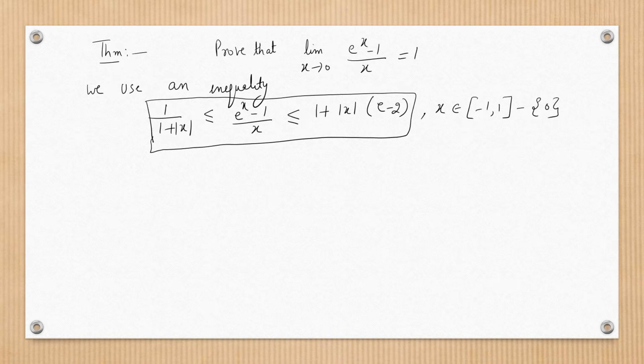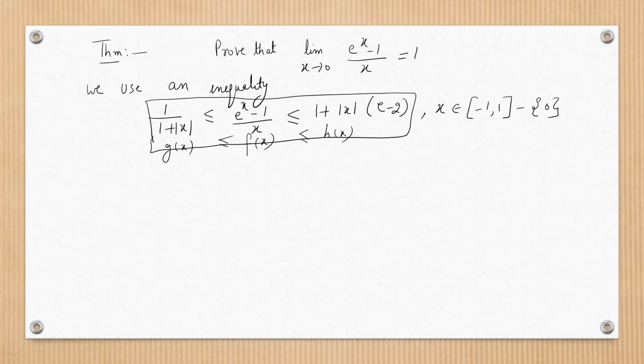Why except 0? Because we need to leave 0, otherwise this result does not hold, it does not exist. With the help of this inequality we will be proving this result. Now, how will this be used? As you are aware of the sandwich rule, it is all about three functions, where a function f(x) is lying between g(x) and h(x).